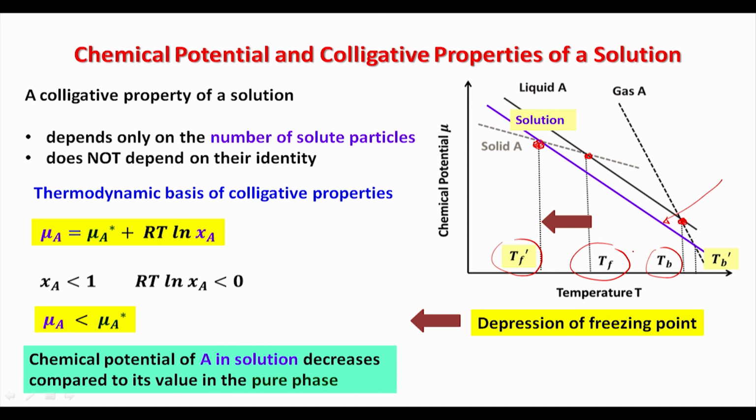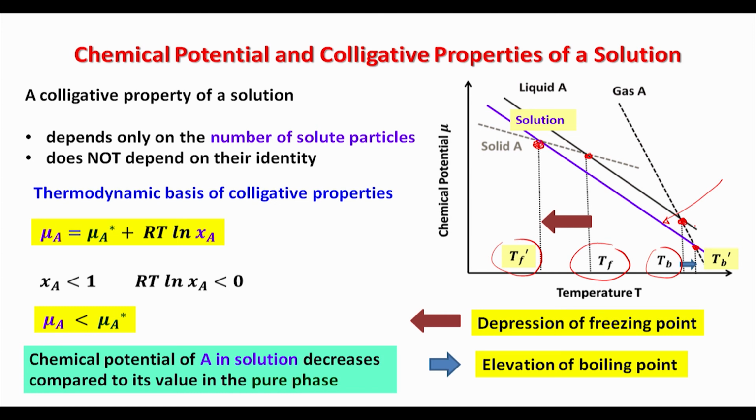Now, if you have in the liquid phase the solution of B in A, then you understand that now the new equilibrium temperature is going to be Tb prime, which indicates that I will have an elevation of boiling point. And therefore, the thermodynamics of solutions require us to give a quantitative basis of the colligative properties in terms of chemical potential.